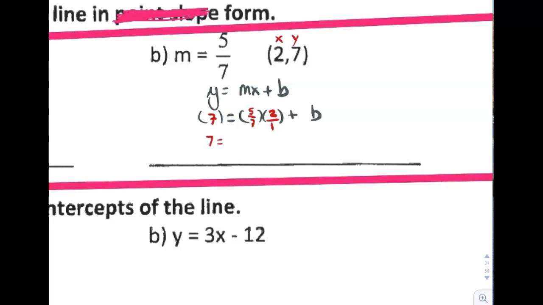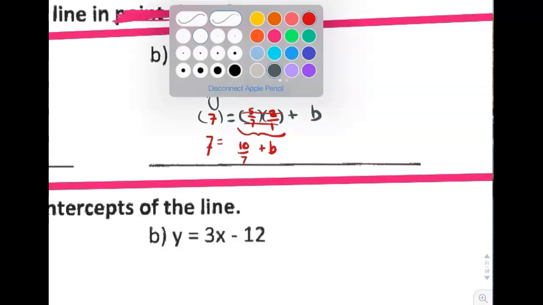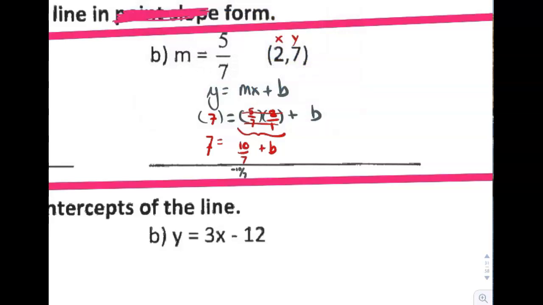So now I have 7 equals, what is going to go on here? Let's see, 5 sevenths times 2 is going to be 10 sevenths. So now I have 7 equals 10 sevenths plus b. I'm going to subtract 10 sevenths from both sides, right? That'll cancel there.